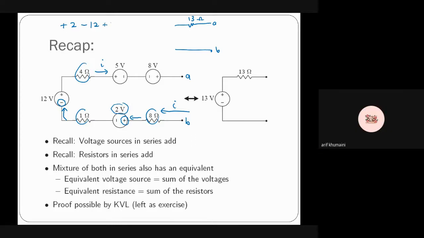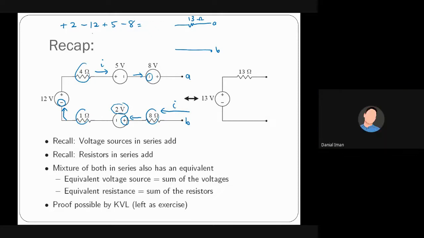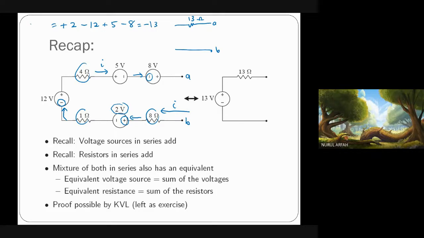Plus. Plus 5. And then the 8 volt? Minus. Okay. And then it equals a positive or a negative 13? Negative 13. Okay, negative 13, good. This is V total.